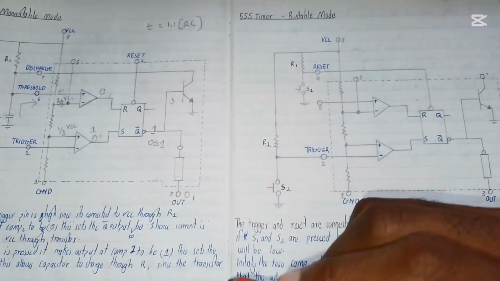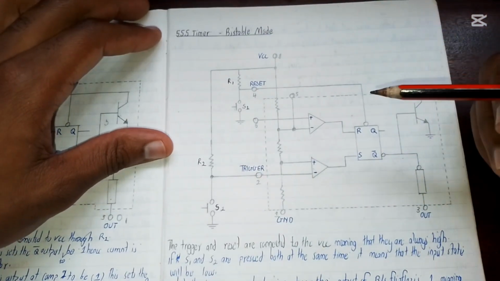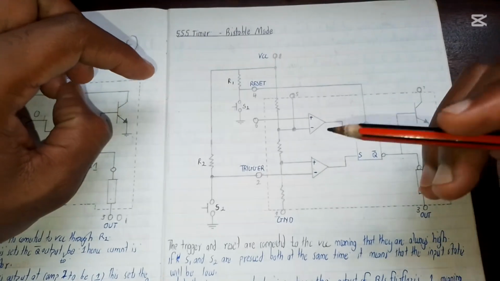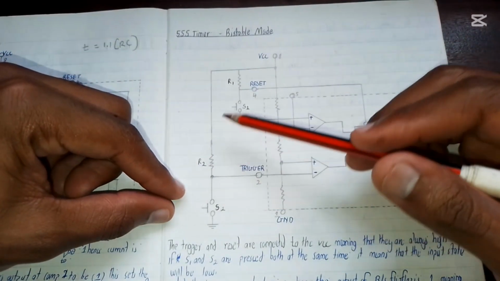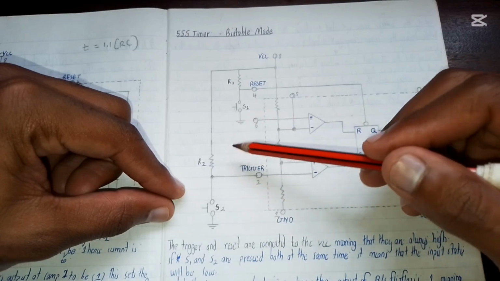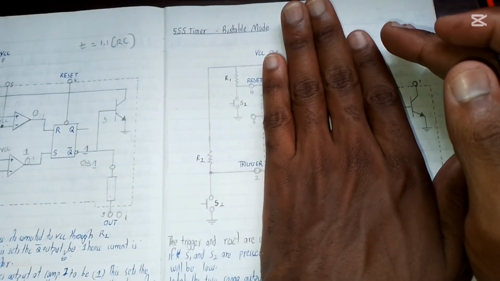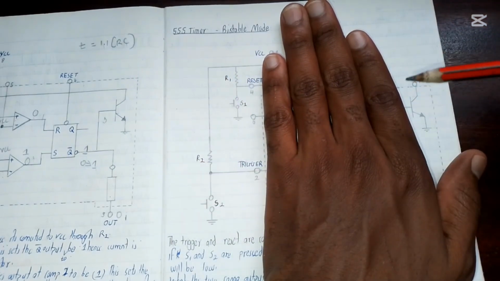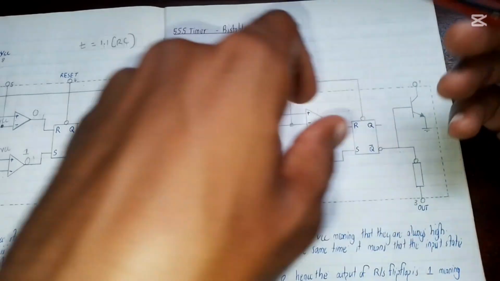So today we want to do a bistable, which is the last mode in which you can connect the NE555. The name just suggests that it has two stable states, and you can see it has two switches. This is the external circuitry that you need to connect your NE555 to give you a bistable output.